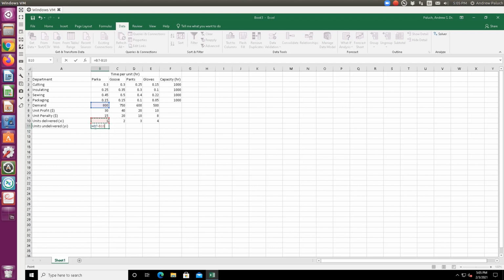Equals because it's a formula. I want to make sure that when my solver changes the number of units delivered as it's trying to solve, the number of units undelivered is updated appropriately. And then all I did is drag across, so I don't have to re-enter it every time.